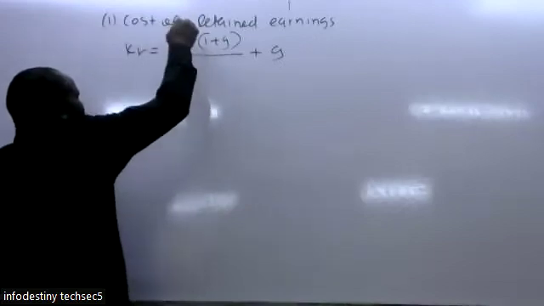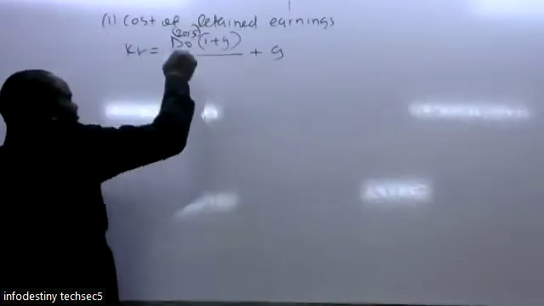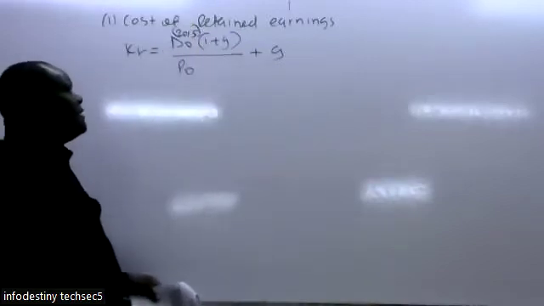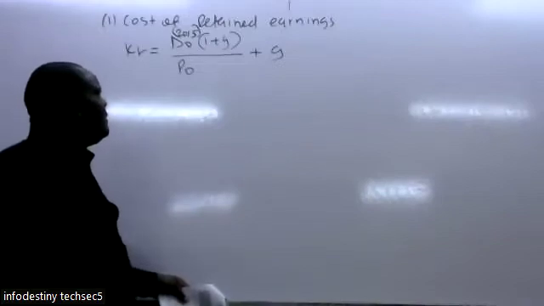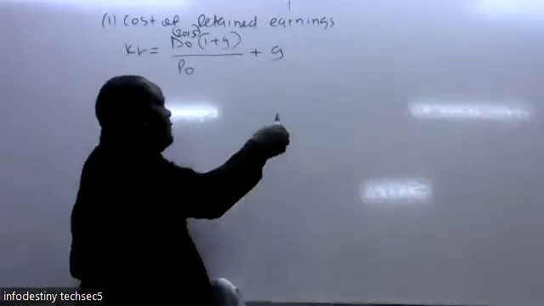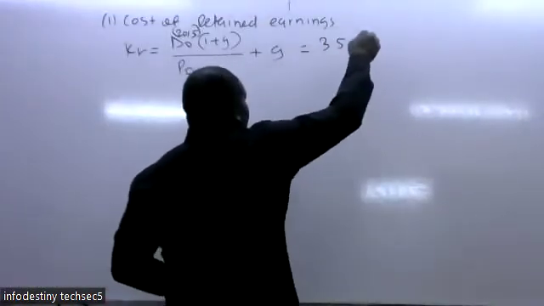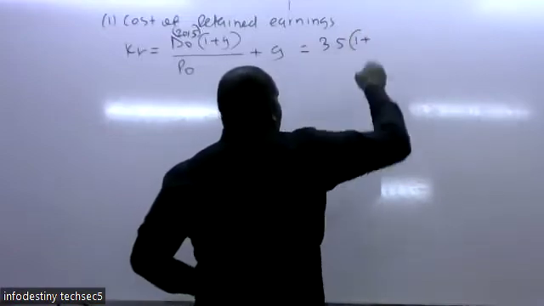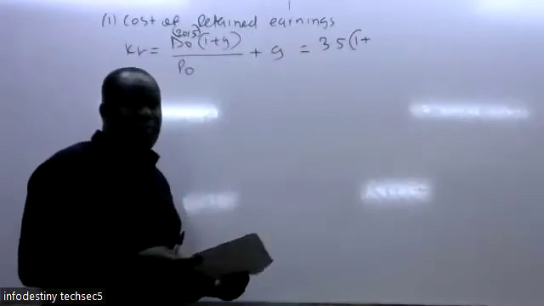So I hope we all agree on that. Yesterday we said D0 is the last dividend that was paid. So it will be 3.5. Then 1 plus G. G is the constant growth rate, which we have calculated.